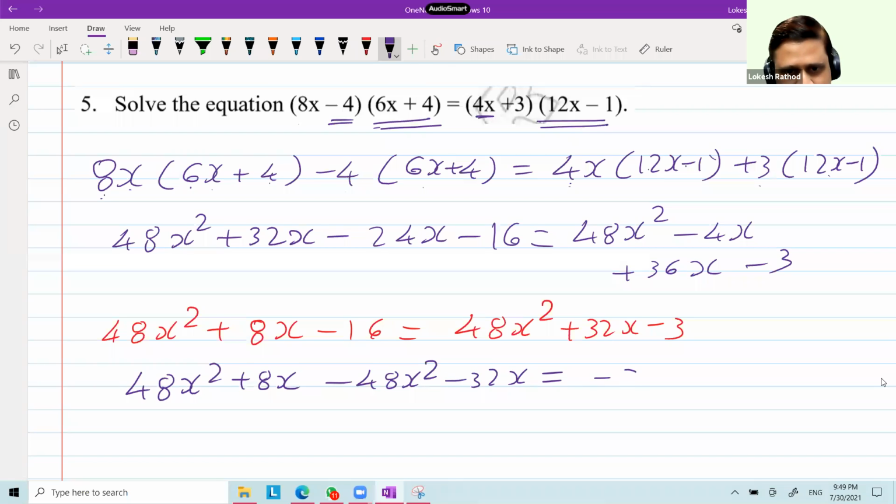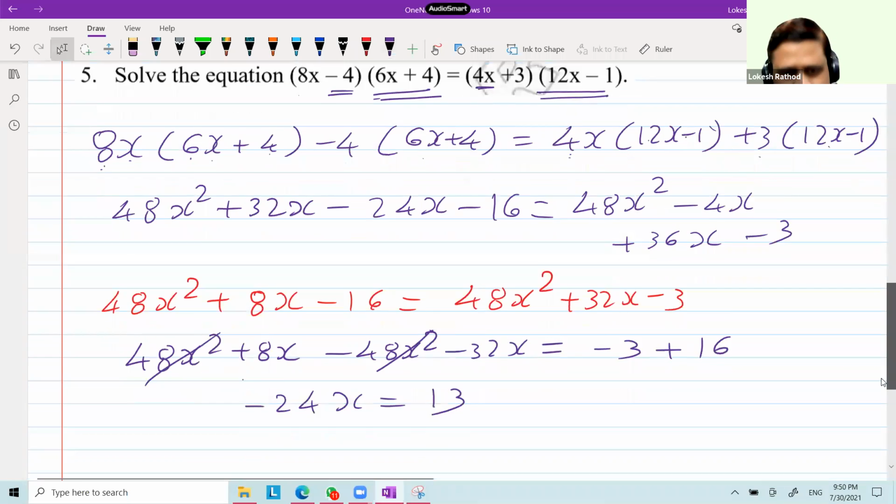And on this side minus 3 was there, 16 goes to that side, plus 16. This thing and this thing will be 0, right? And 8 minus 32, minus 24, correct? And x. And on this side I get 16 minus 3, 13.